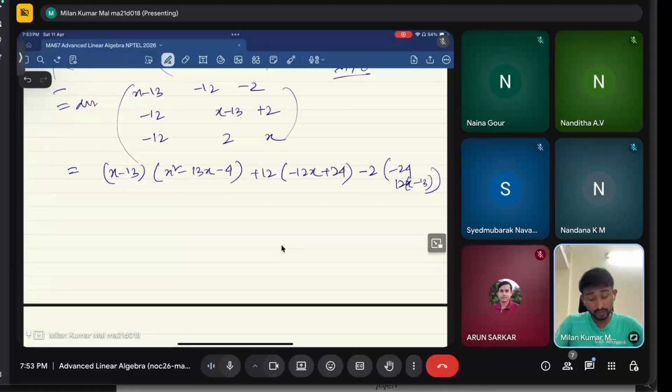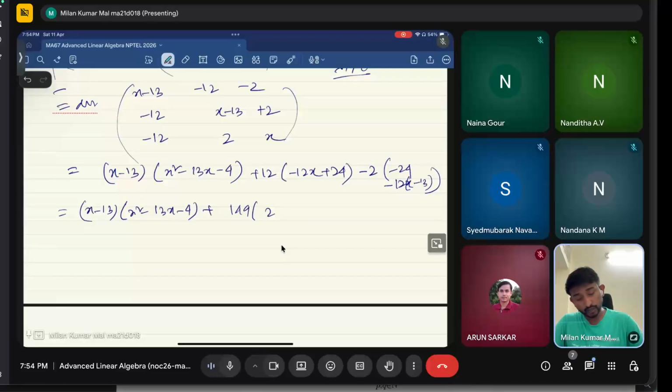Why is everything going to be so bizarre? x minus 13, x square minus 13x minus 4, that's correct. Next is minus minus plus, that is minus 12x, that's correct. That is 24 minus, that is plus. So this is going to be minus 2 and minus 24, that's okay. Minus 12x, minus 12x, minus 13. So this is going to be x minus 13 into x square minus 13x minus 4, plus 12. If I take common, 12 into 12, 144, right? 144, this will be 2 minus x.